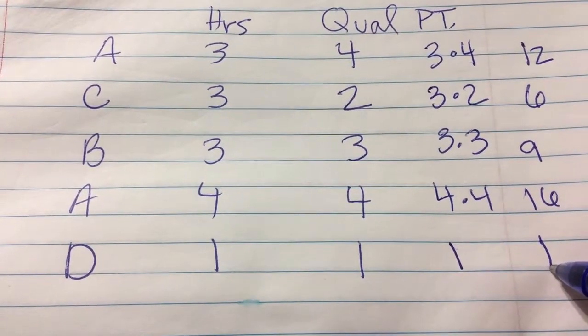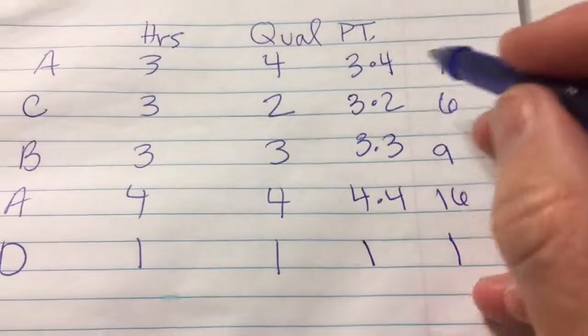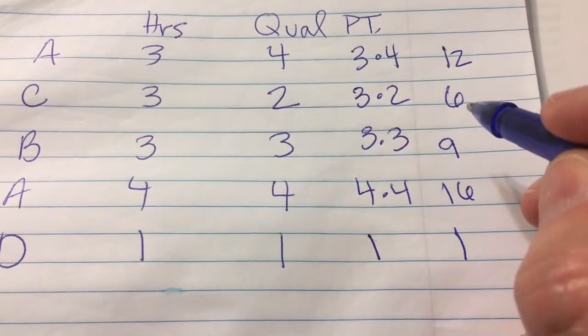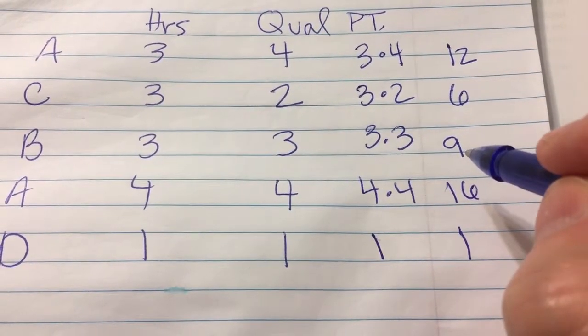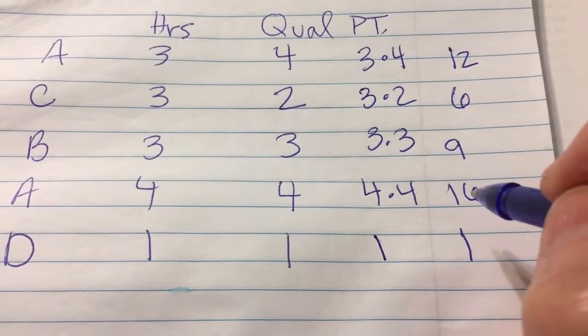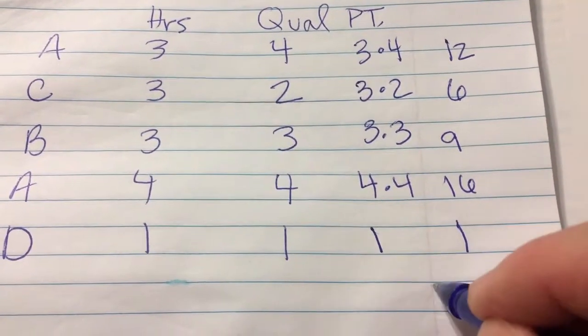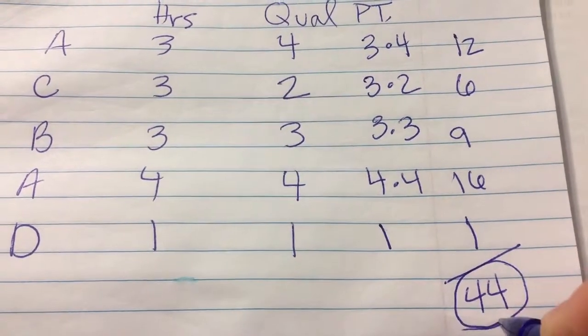And now he's going to add all of these up together. So 12 plus 6 is 18, and then we have a 9 is 27, 28, 34, 44. So altogether, he's got 44 points.